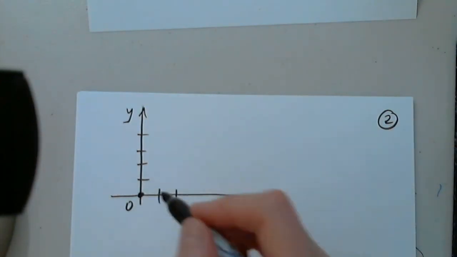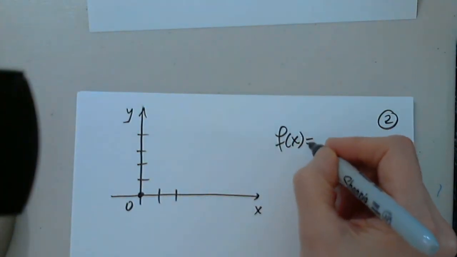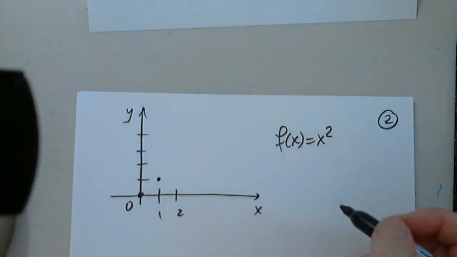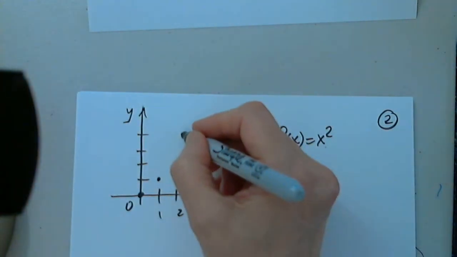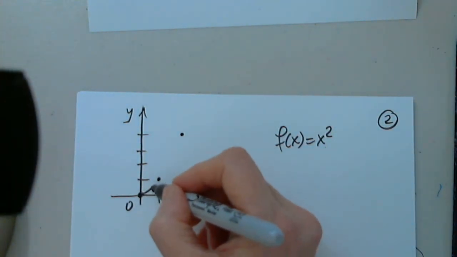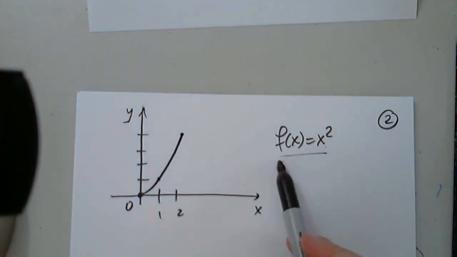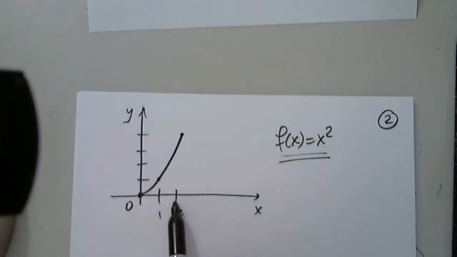At 0 is 0. Again, I'm graphing f of x equals x squared on the interval 0, 2. At 1 is 1. At 2, 2 squared is 4. So here's the graph of x squared only on the interval 0, 2.